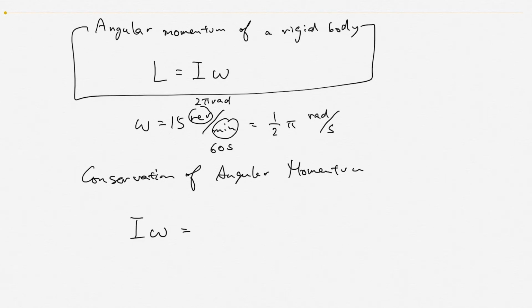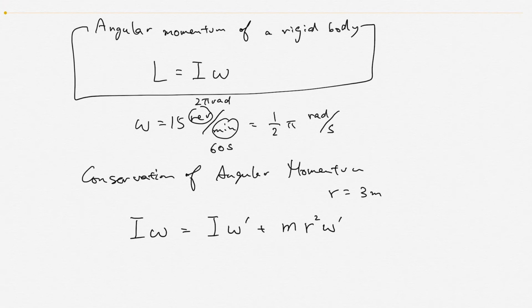And after the child hopped onto the merry-go-round, the new angular velocity is omega dash. So I omega dash is the angular momentum of the merry-go-round, plus the angular momentum of the child, which is m r squared omega dash. R is the radius of the merry-go-round, which is 3 meters.